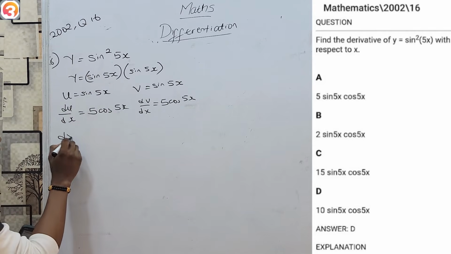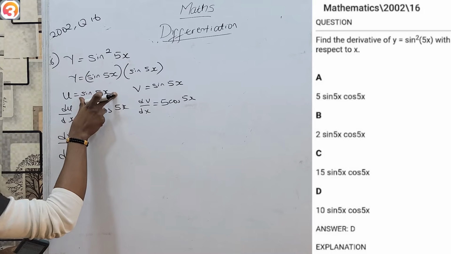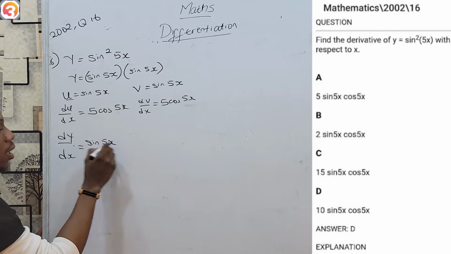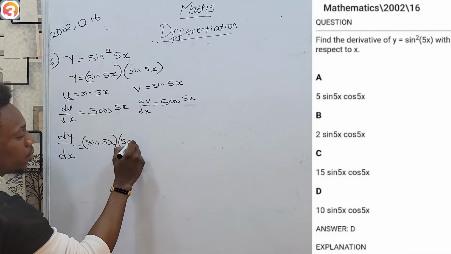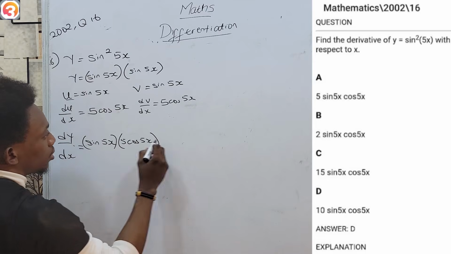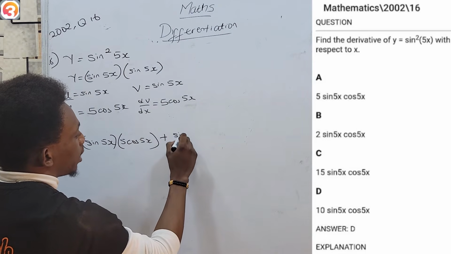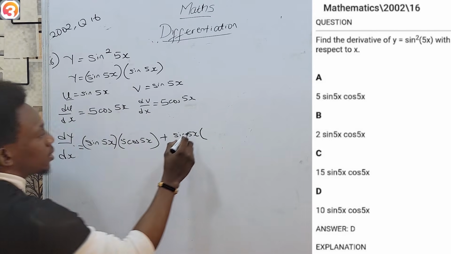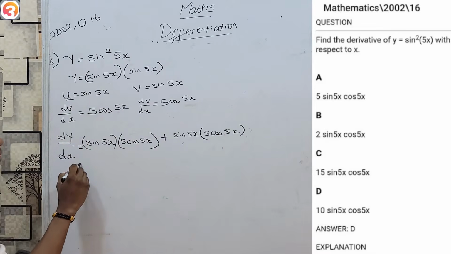So now, applying the formula properly, I pick one, u, which is sine 5x, and u must multiply dv dx, which is 5 cos 5x, plus, next, I pick v, which is sine 5x, and that also multiplies du dx, which is 5 cos 5x.